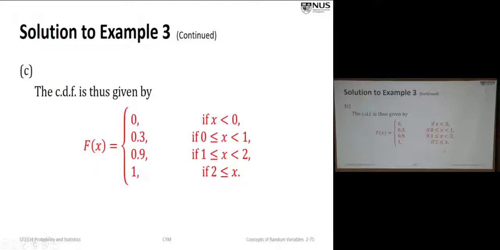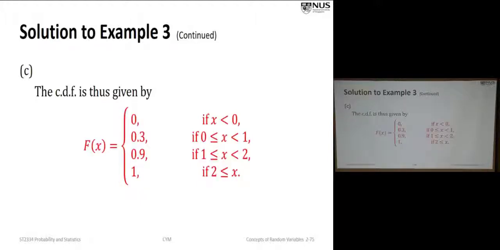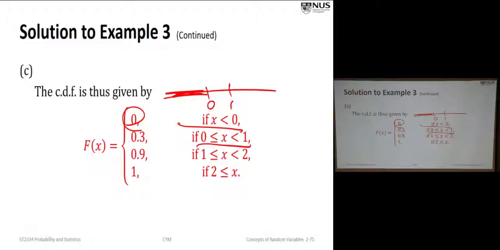You cannot write it in table form, so I express it in terms of ranges. Basically, this is a step function. Up to 0, it is 0. Then between 0 and 1, it jumps to 0.3. From 1 to 2, it jumps to 0.9. And from 2 onward, it becomes 1.